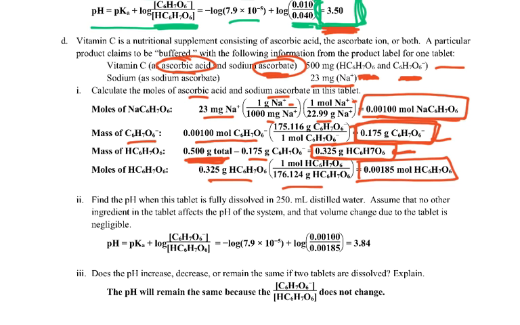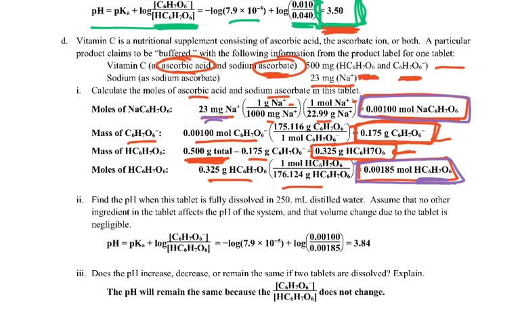So that was the two things we were trying to do: find the moles of sodium ascorbate, and we used the 23 milligrams to get that. We found the mass and subtracted from the total mass, so we could get the moles of ascorbic acid. So we can see we have 0.001 and 0.00185. So a little bit heavy on the ascorbic acid.